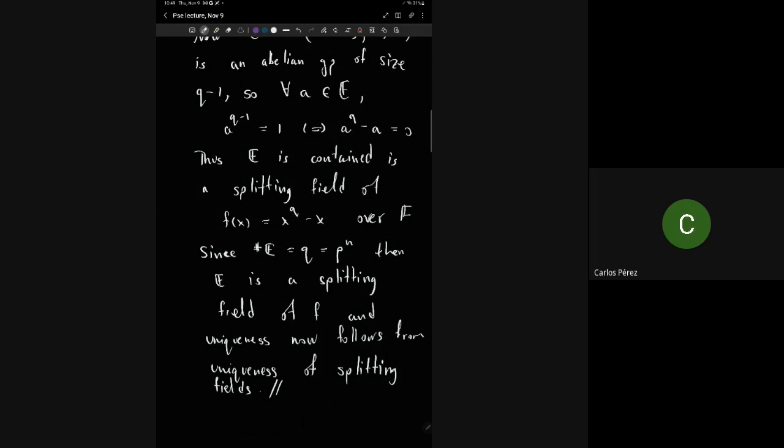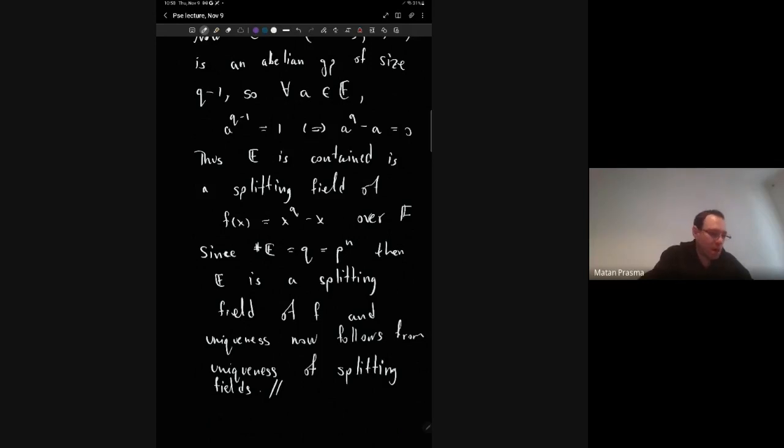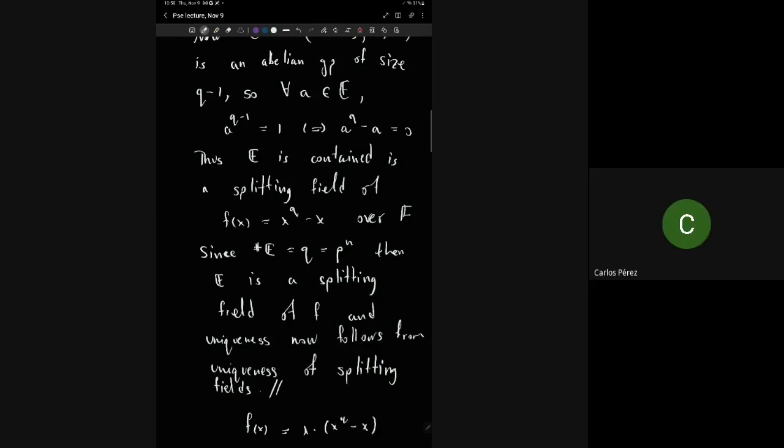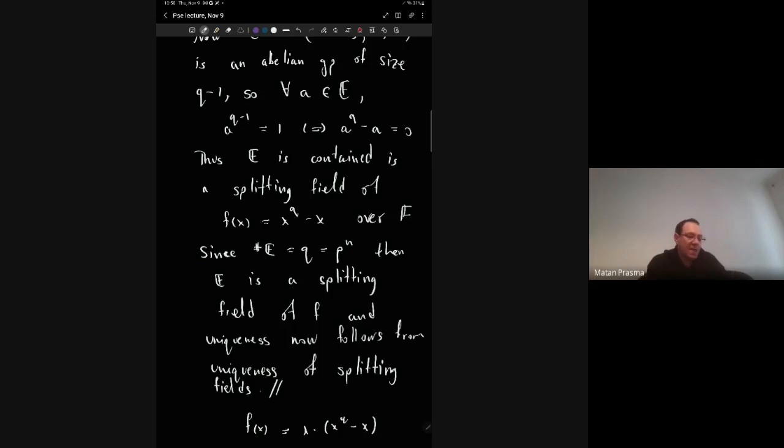So, is there any issue in that the polynomial is not unique, or does it simply not matter? I mean, of course, you're saying that I could take f of x to be some lambda times x to the q minus x, for instance. Yeah. Why is it not an issue?